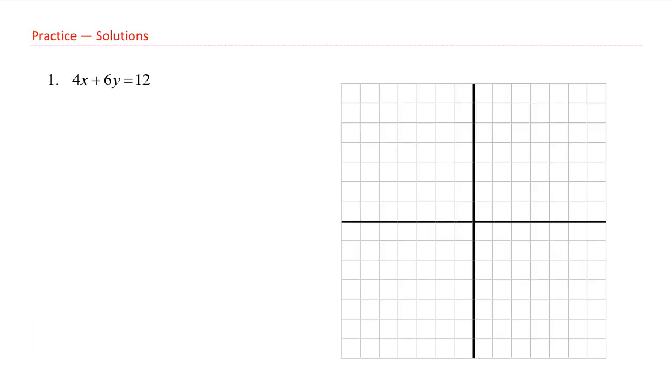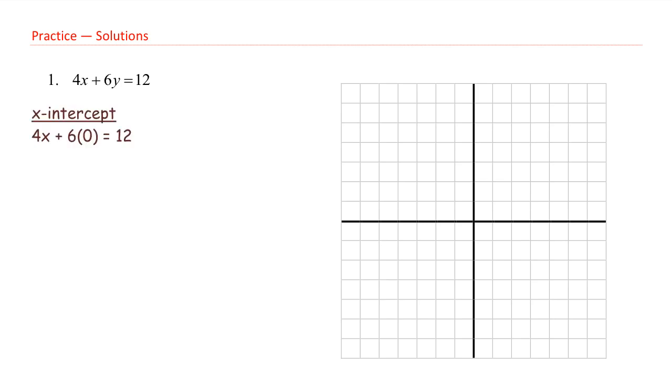We're going to use the intercept method to graph the equation 4x plus 6y equals 12. Let's begin by algebraically finding the x-intercept. In order to find the x-intercept algebraically, we replace y with 0.